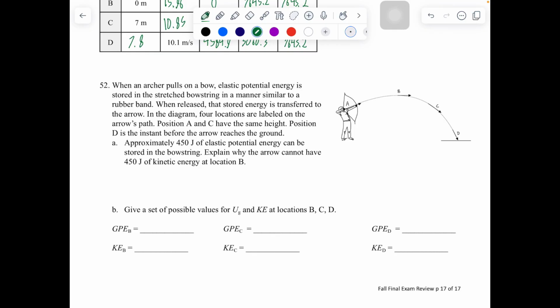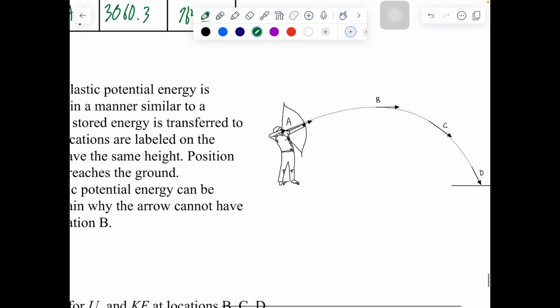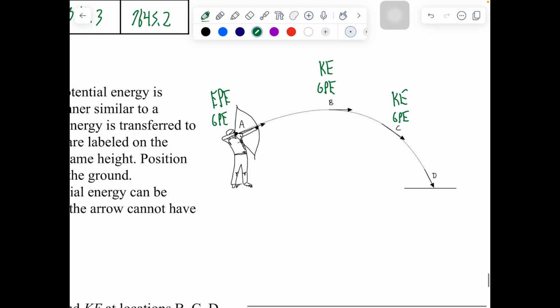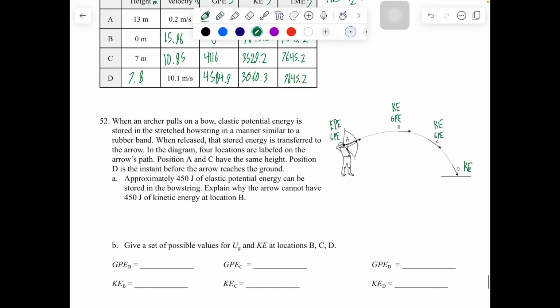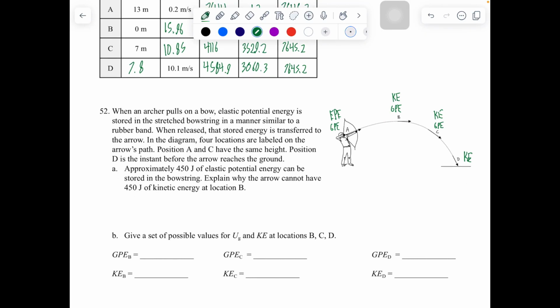Well, it's going from EPE and GPE to KE and GPE to then KE and GPE to then just KE. It stores 450 joules of elastic potential energy.